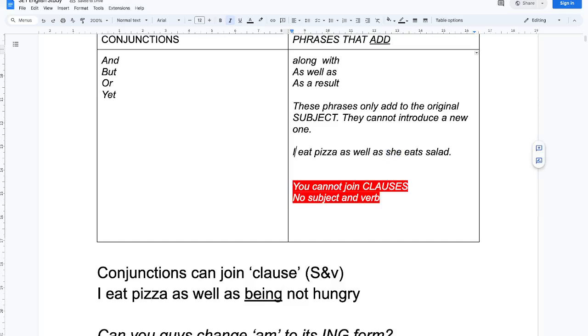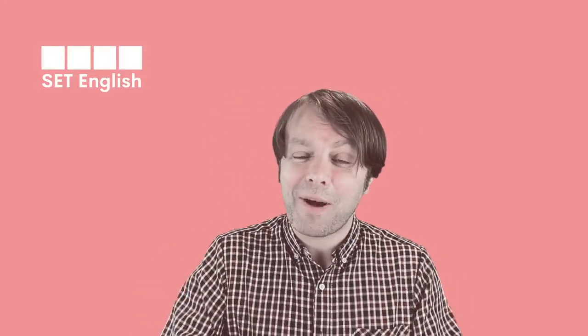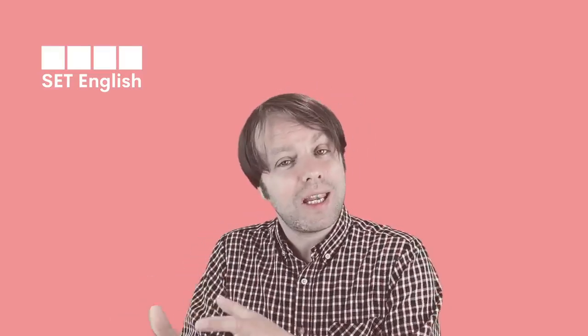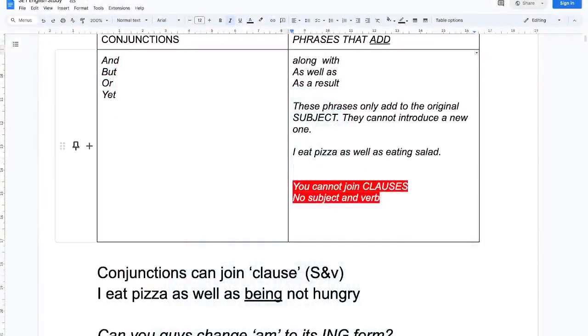It's the same person, right? So I would say as well as, delete the subject, change this to eating, but it's not she. It's not the woman that's eating the salad now. It's the man. It's me. It's the same person. You can't change the person with these phrases. Does that make sense, guys? You can't change person. So this is a really cool thing.